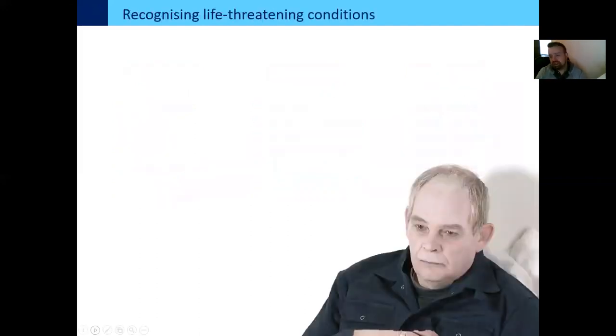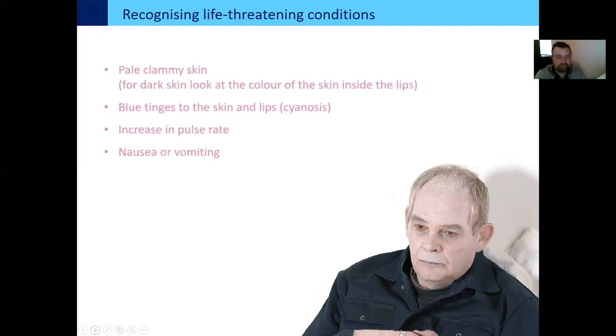This picture of a gentleman down here could be a real typical picture of somebody having a heart attack, with typical signs of going into shock: that pale face, blue cyanosis on the lips and blue around the eyes, a real giveaway that there is a life-threatening condition going on here.